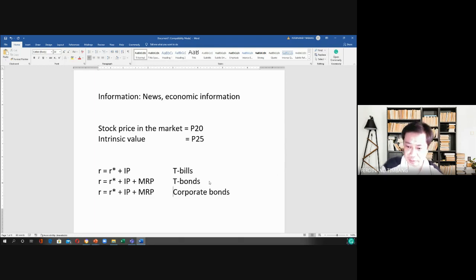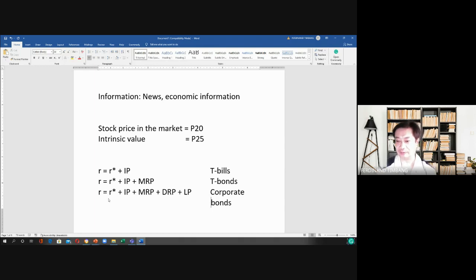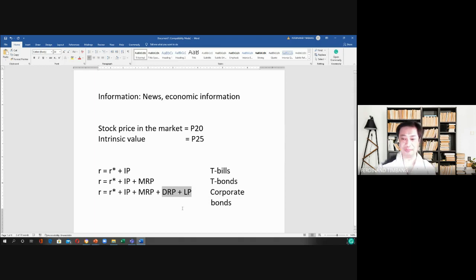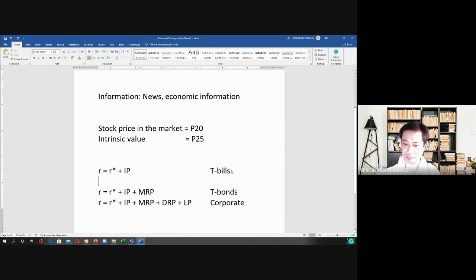Pero dito may dagdag pa na default risk premium plus the liquidity premium. No? So yan. Meron tayong ganyan, no? So, yung corporate bonds naman, lalabas, mas risky compared to T-bonds because of the default risk premium and liquidity premium. By the way, dito meron pa pala, no?